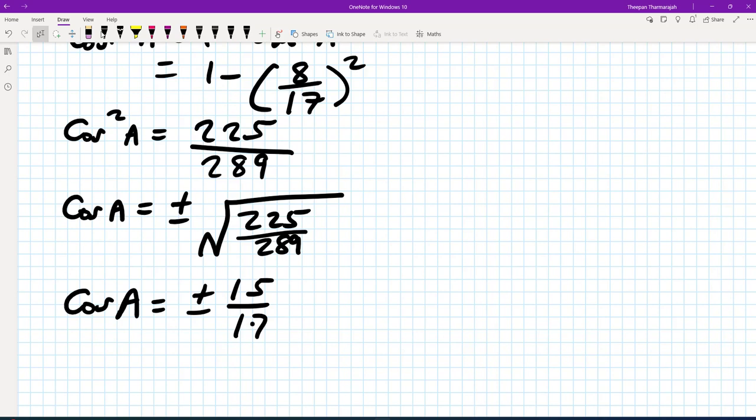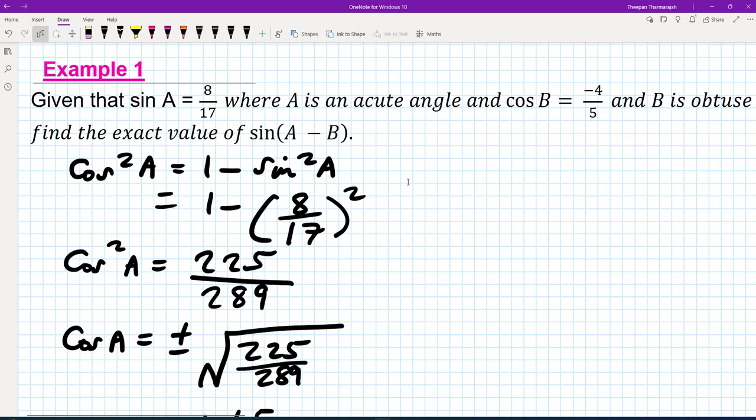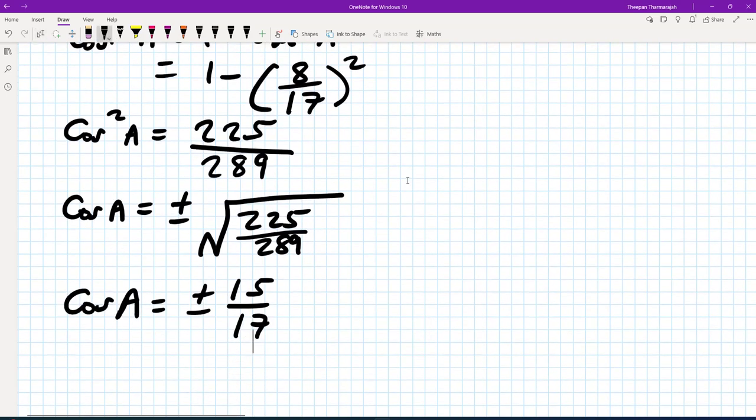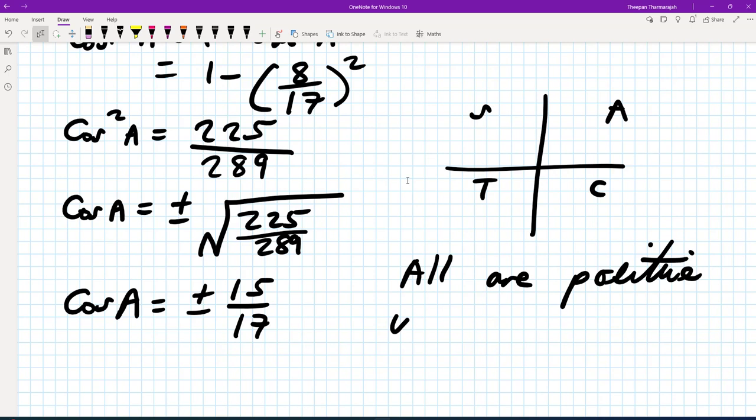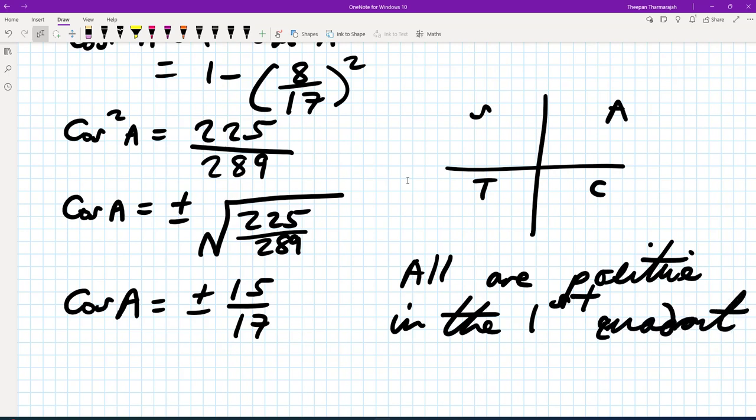But if we go back to the question, originally they told us that A is acute, so all angles are positive in the first quadrant. So therefore cosine of A must be positive 15 over 17.